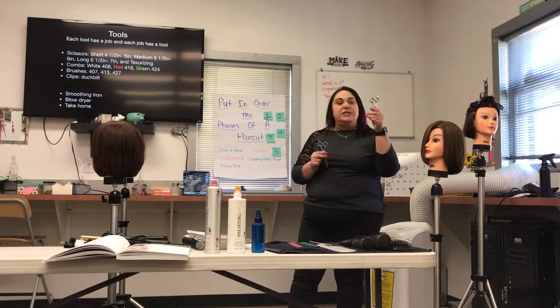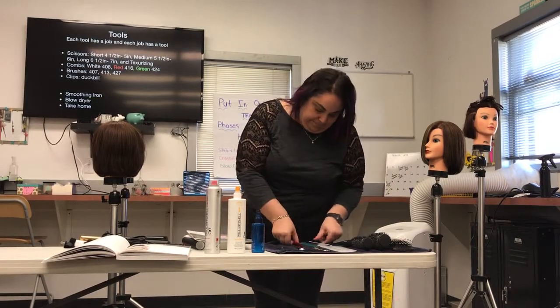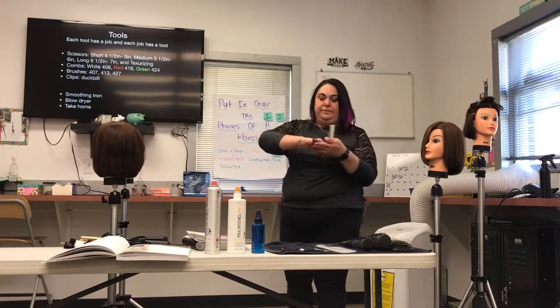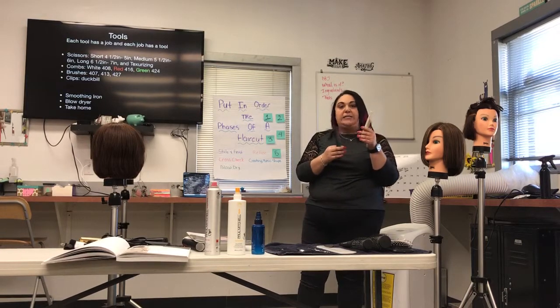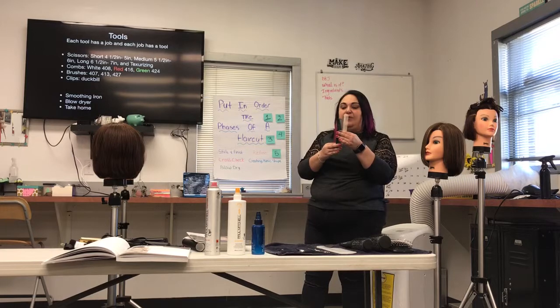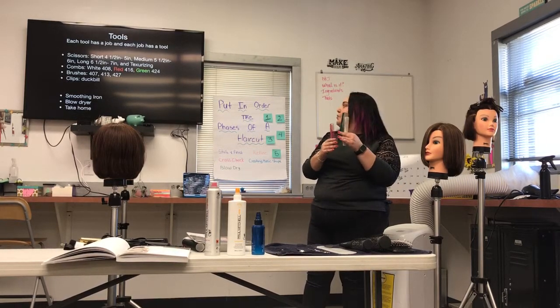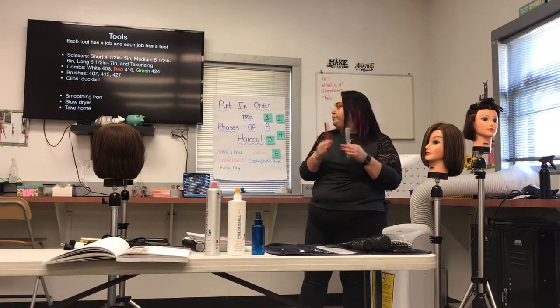We have our texturizing shears, which are great to remove bulk. We have our 3 combs, which is the 408, which is our fine tooth comb. We have the 424, which is our medium comb, and we have our 416, which is our wide tooth comb.